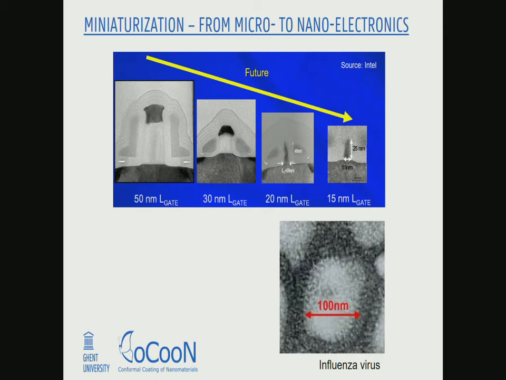I will not go into detail, but transistors in general become smaller and smaller, down to the level, and we should remember this is the size of an influenza virus. So in microelectronics they're really making things at the nanoscale, where you need to deposit layers that are only 1 or 2 nanometers in thickness, so you need very accurate control.